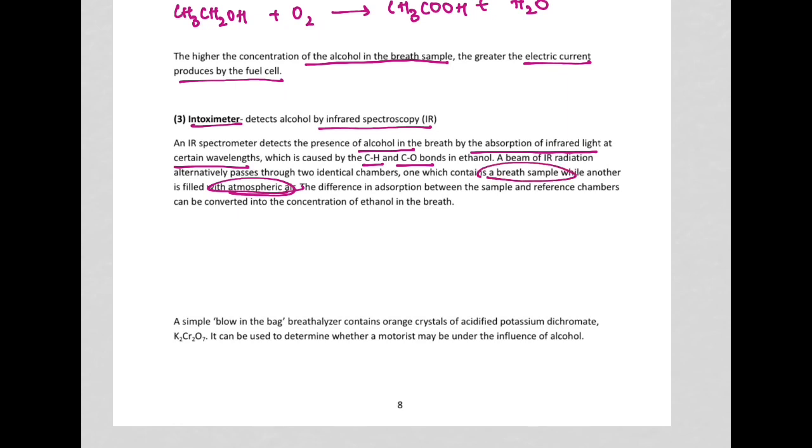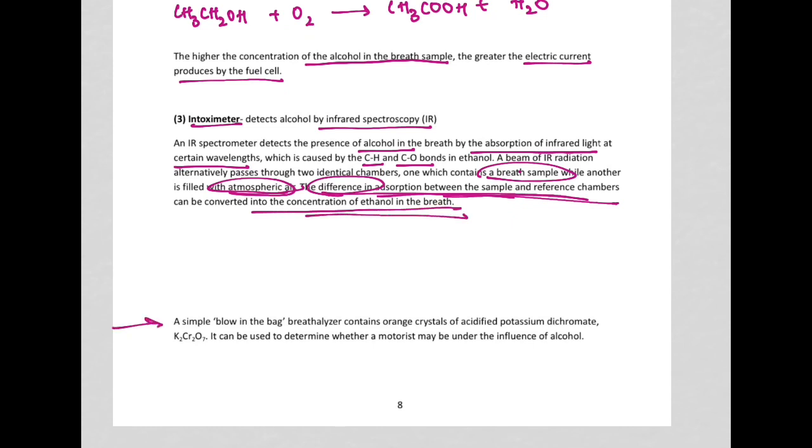If there is ethanol, alcohol in the breath, there's going to be a difference in the IR. So it's going to compare the IR of the 2 samples. And the difference is going to be converted into concentration of ethanol in the breath.